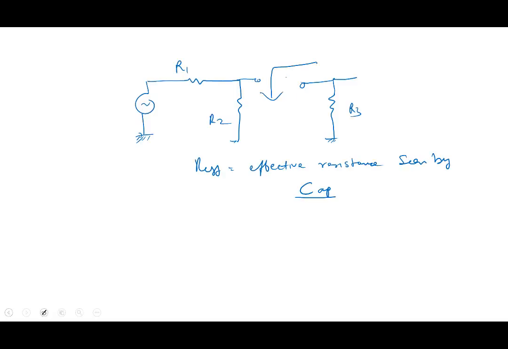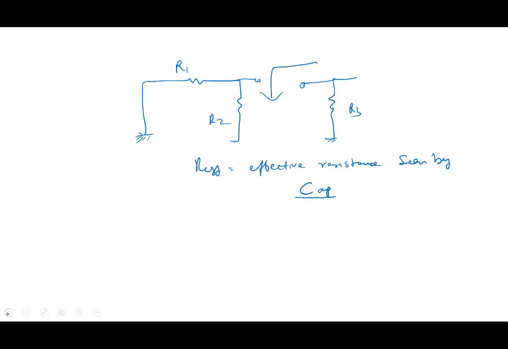The effective resistance seen from here is the same thing as the resistance seen by C. C was here, so the resistance looking from between these two places is my effective resistance. Now to calculate any effective resistance, what do we do? We said remove all independent sources. So we remove this, we short it. What is the resistance seen between these two?